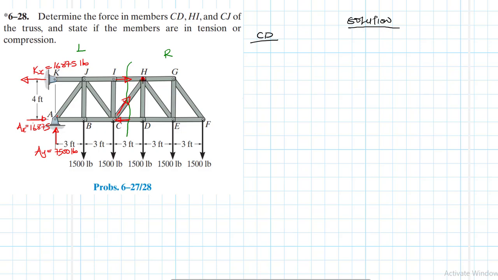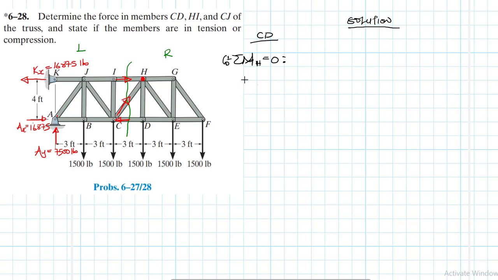I'm using the left hand side, so I'll take moments about H. So imagine I've done the sectioning there, then I want to take moments. So I'm using the left hand section. All right, let's do the calculations. Summation of moments about point H. Take moments about that point.